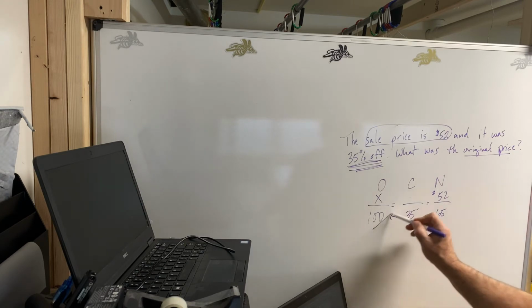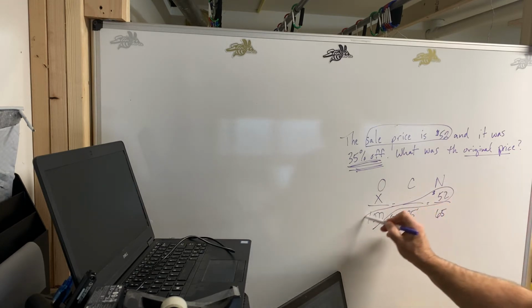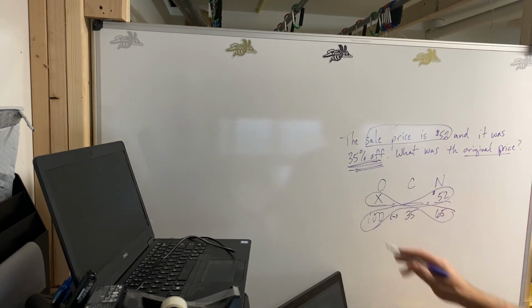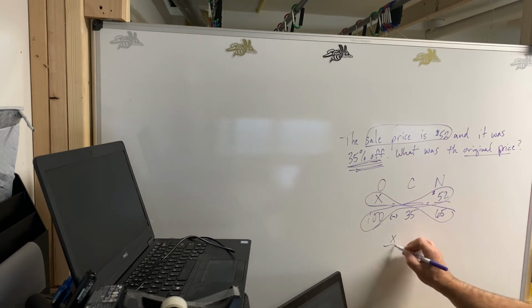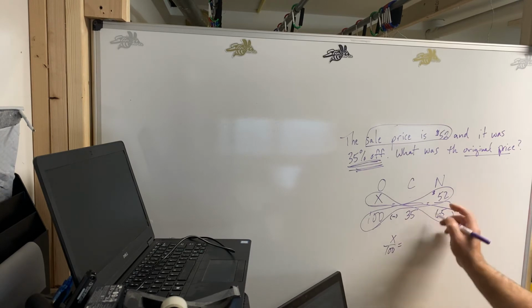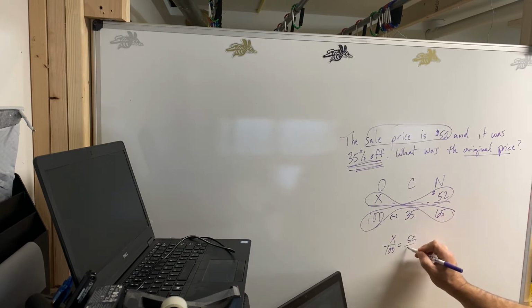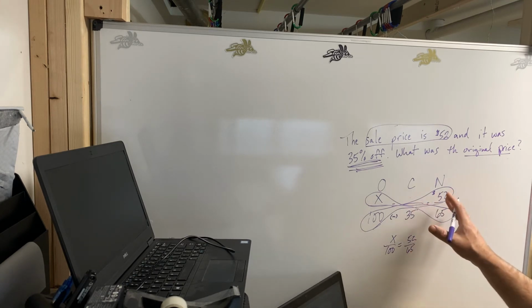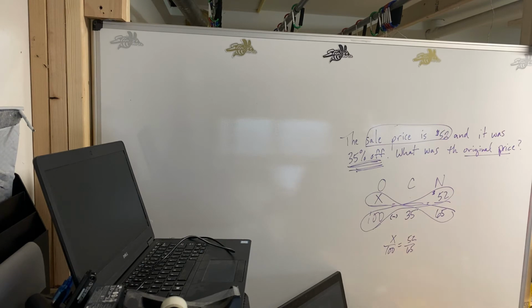So I have this and this go together, and then this and this go together. You can see it almost forms a little bit of a butterfly wing. So technically we have X over 100 equals 52 over 65. That is our proportion that we're solving. Same thing if you do it this way. This way may look a little neater for you.